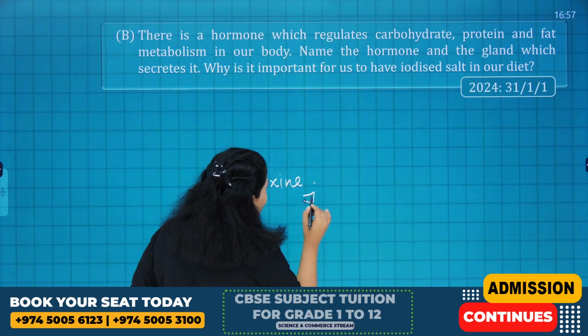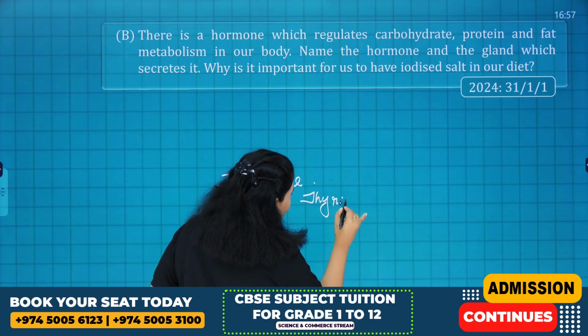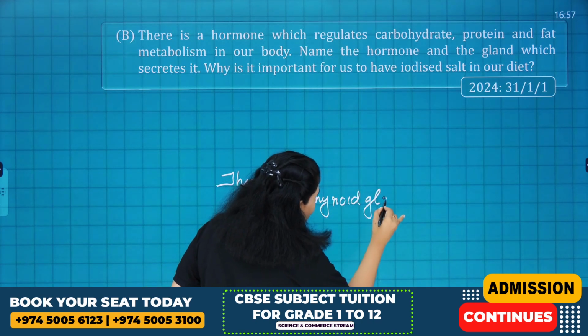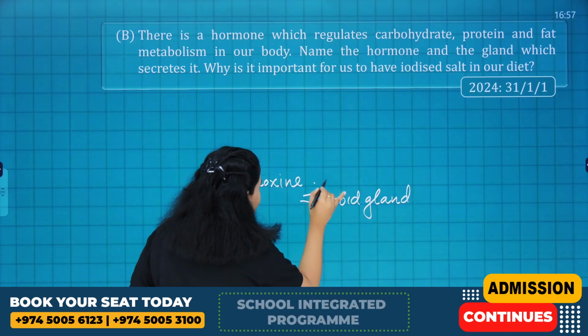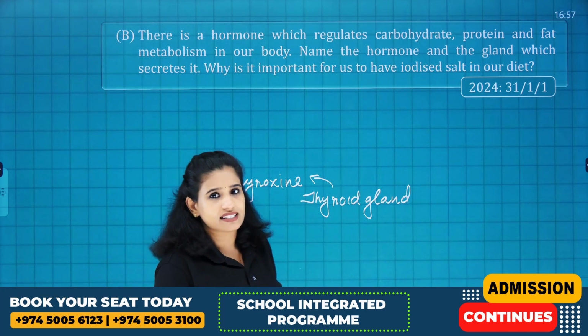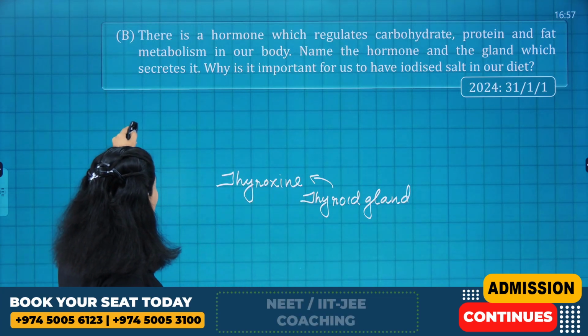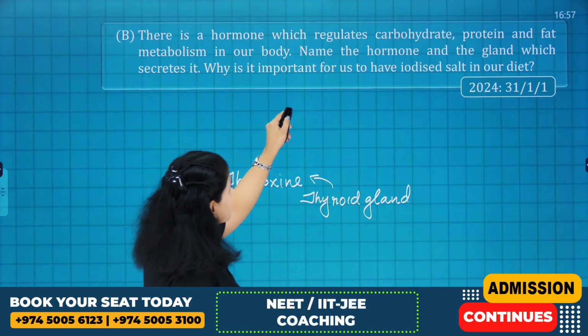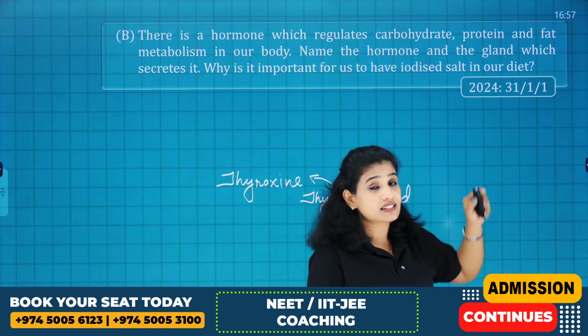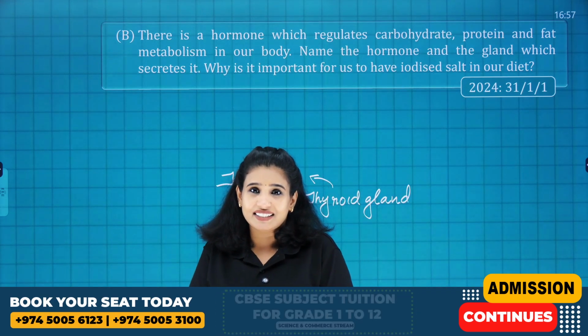That is the thyroid gland. Okay, the thyroid gland secretes thyroxine. What is the third question here? Why is it important for us to have iodized salt in our diet?